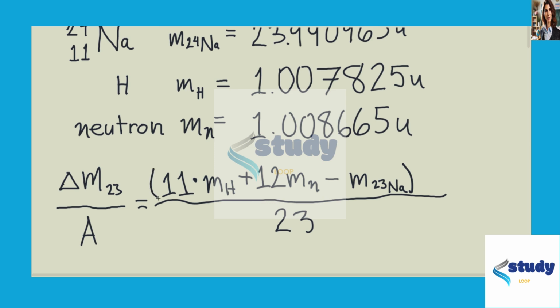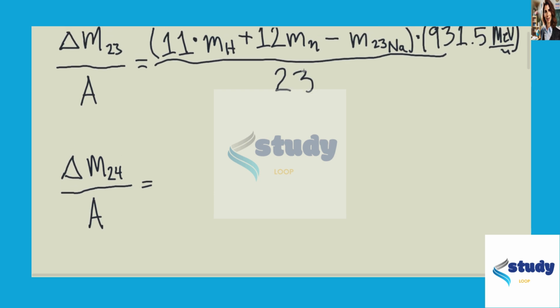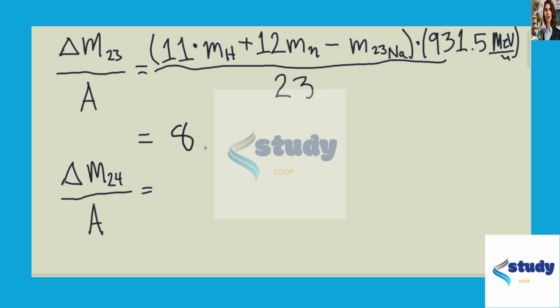And then this whole quantity, in order to get it in units of megaelectron volts, we need to multiply by 931.5 MeV per U. Doing that, I got 8.113.